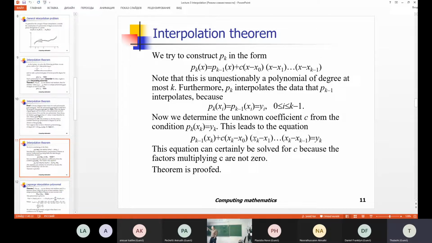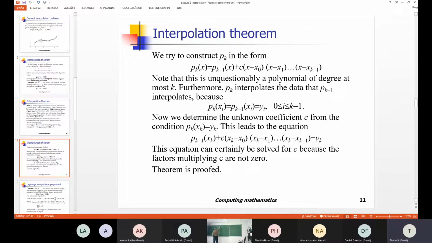Again, what is P_{k-1}? P_{k-1} is a polynomial of degree k minus 1 that interpolates the first points 0, 1, 2, 3 up to k minus 1. And we consider one more point, xk, yk, and we try to write a polynomial using this form.